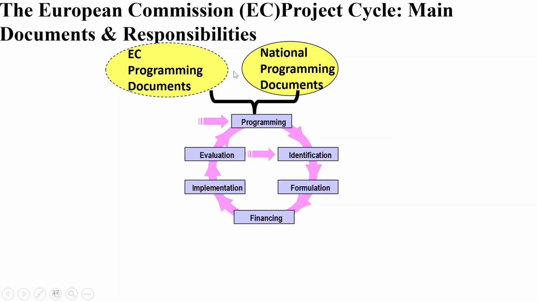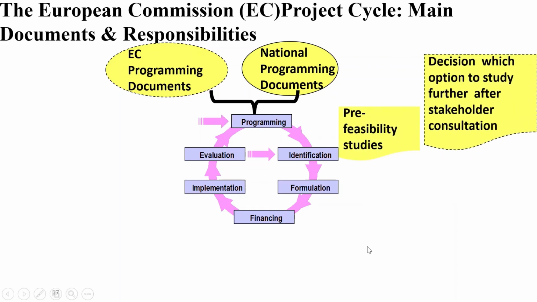In other words, if the EC is doing a project for, let's say, a country, that project must be within the country's national strategic planning, and therefore those two documents match each other. That means the EC programming documents and the national programming documents are studied, of course, to identify a possible need and a possible project.